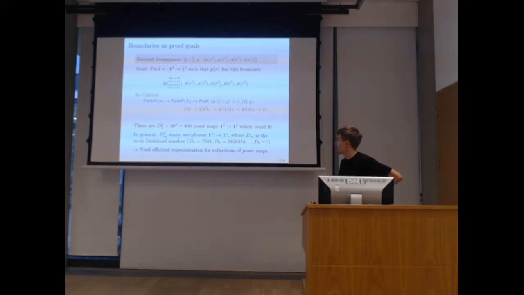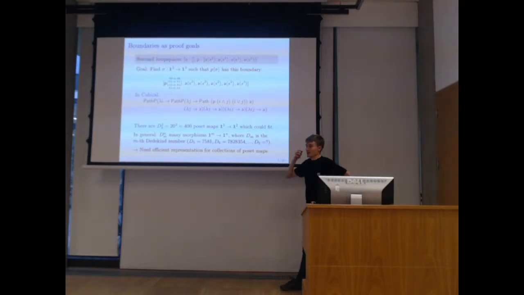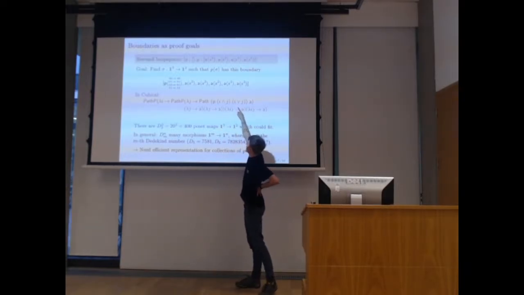Just as a reminder, this is what this boundary would look like as a proof goal in Cubical Agda. You might be faced with a hole which has this type: a triple nested path type, which at the innermost level has this formula i and j, or the second formula, which is applied i or j.